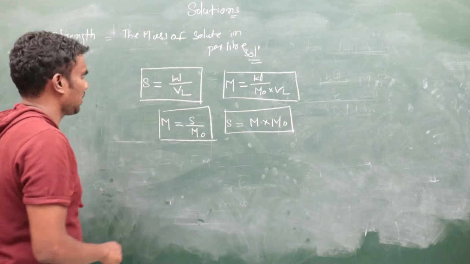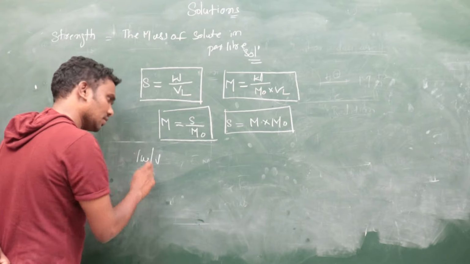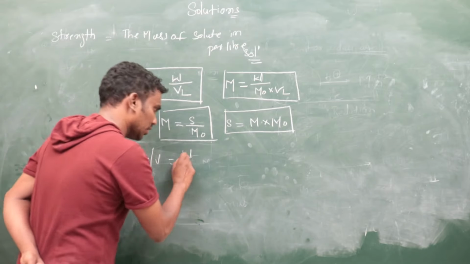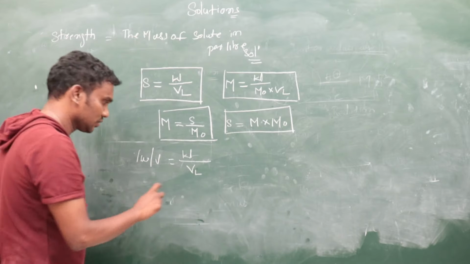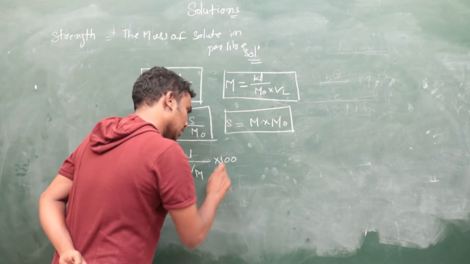And one more formula is there here. Observe carefully. Weight by volume percentage. Weight by volume percentage means weight of solute W in grams, volume in ml, into 100.